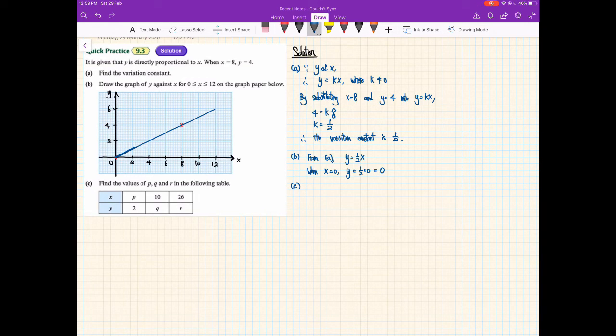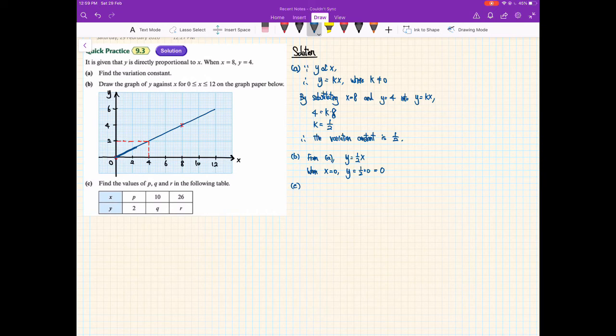When x is P, y equals 2. When y is 2, let me use a ruler. When y is 2, the corresponding x value will be 4, right? So that means P will be 4.